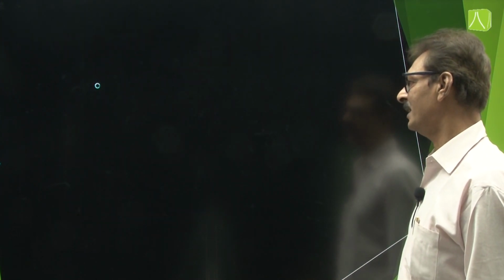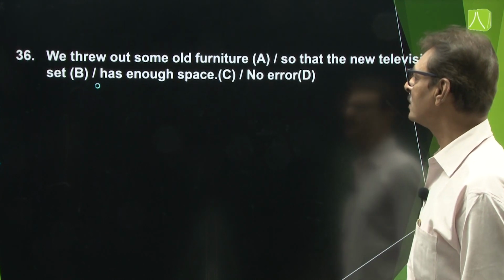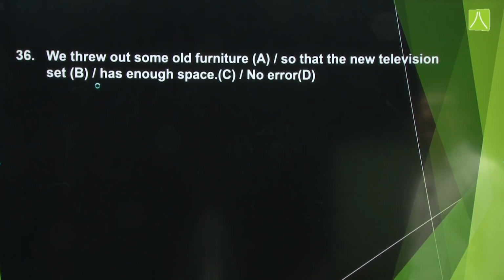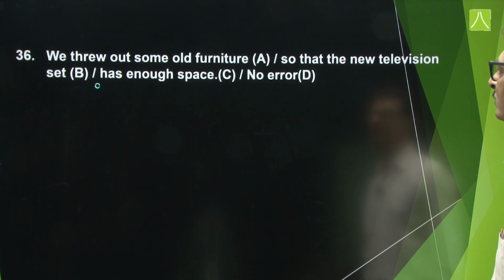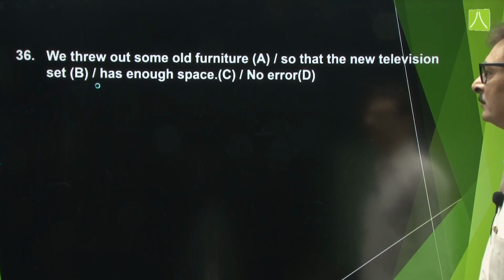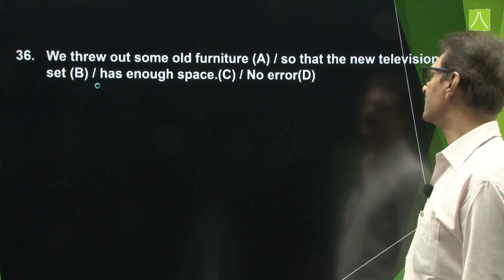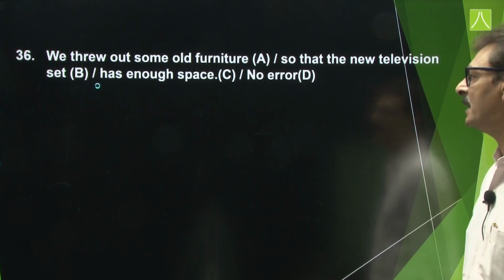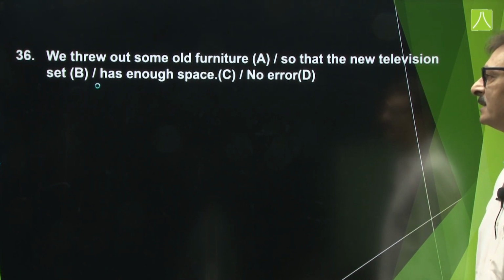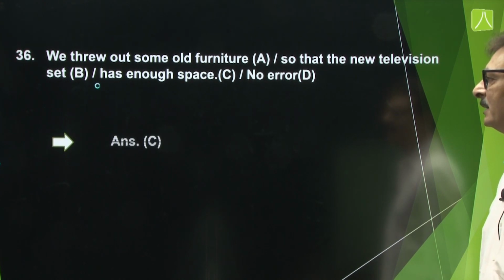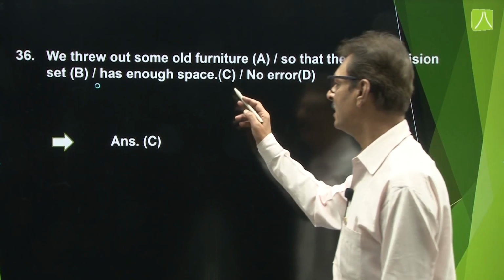Nice example this one. Next, we threw out some old furniture so that the new television set has enough space. Which part has an error? कहीं पर है error? Yes, it looks error is in part C. Why?